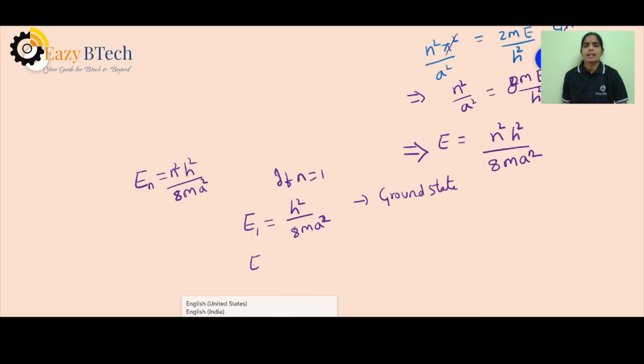Then the first excited state, E2, is given as 4h square by 8 m a square. But already h square by 8 m a square is E1, so I can also write it as 4E1, which is the first excited state.